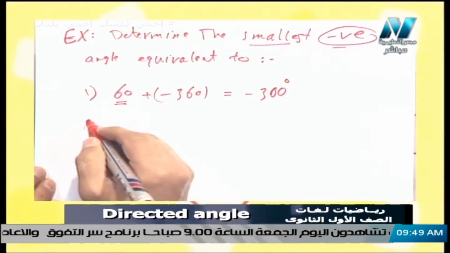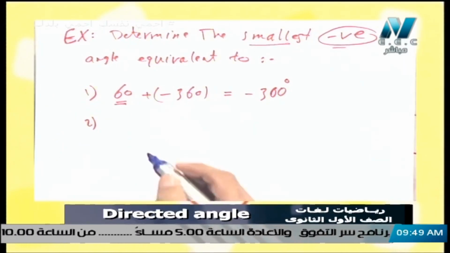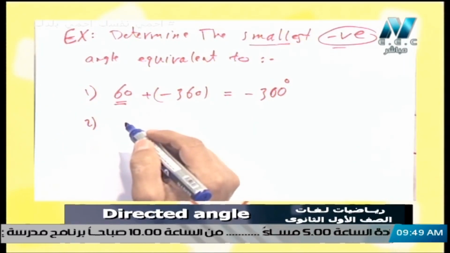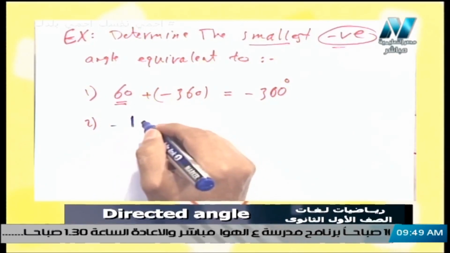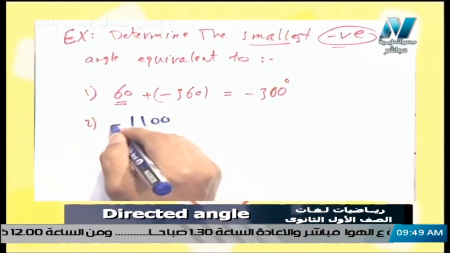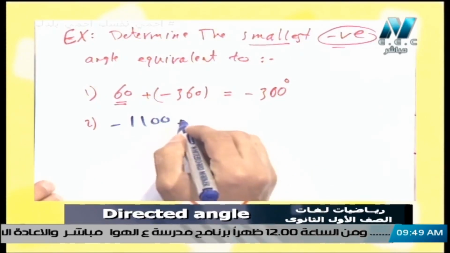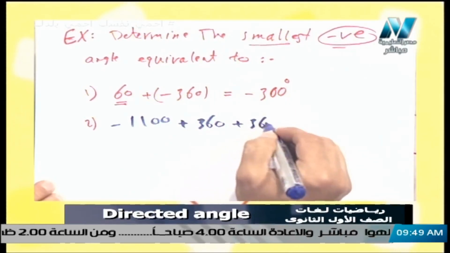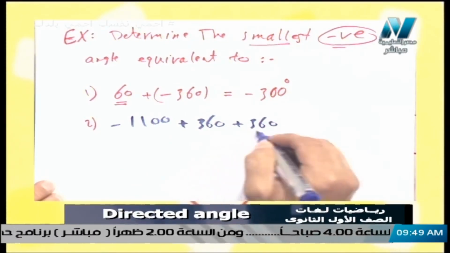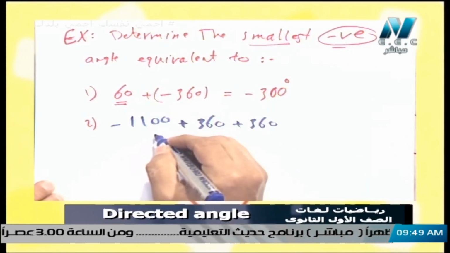Okay, and if we have another angle as negative 1100, by adding 360s here, this is not enough because it remains more than negative 360.